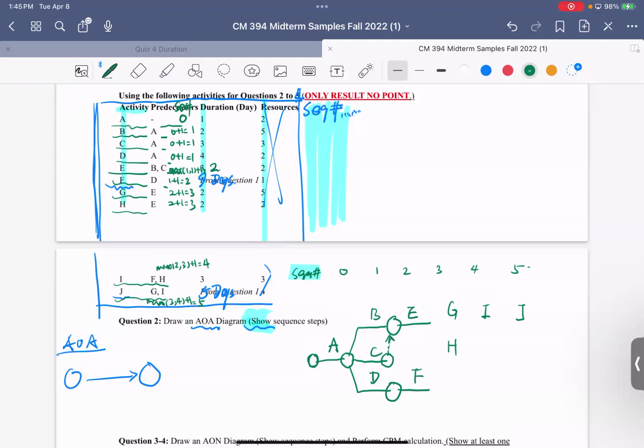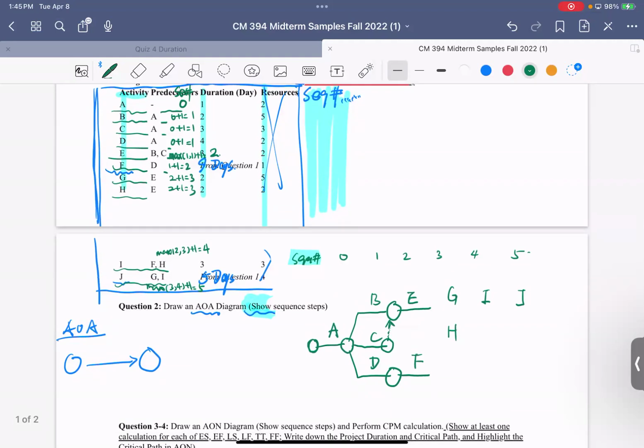Okay, we have this. And then we're looking for G. G is after E and H is after E, right? And then we're looking for I. I is after F and H. So it means we can move the I to here. Can we do this?